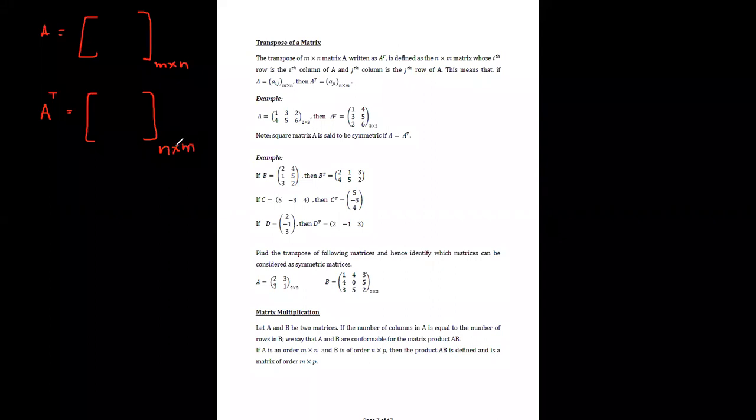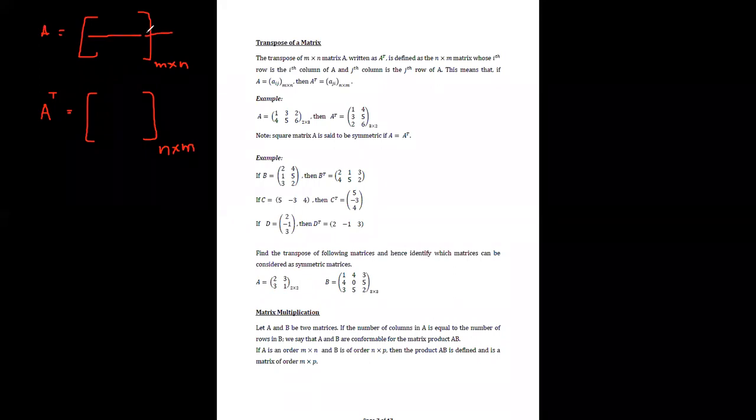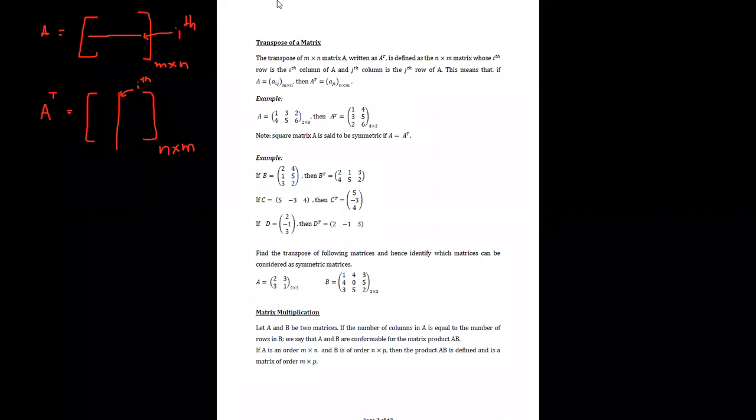Simply, if you consider the ith row of this initial matrix, then it will become the ith column of the transpose matrix. This is the scenario behind the transpose of a matrix.